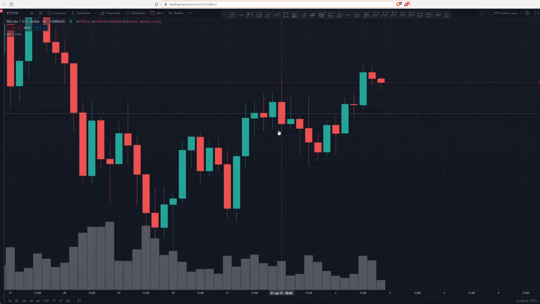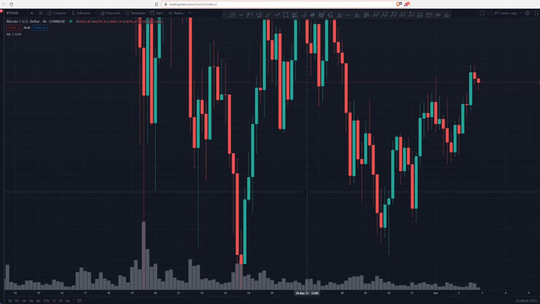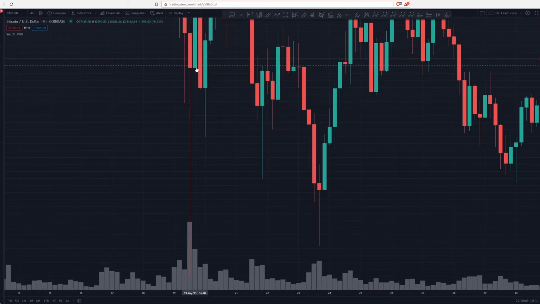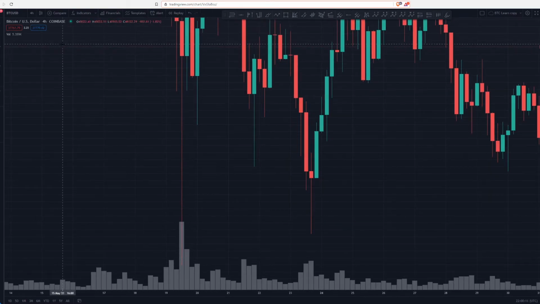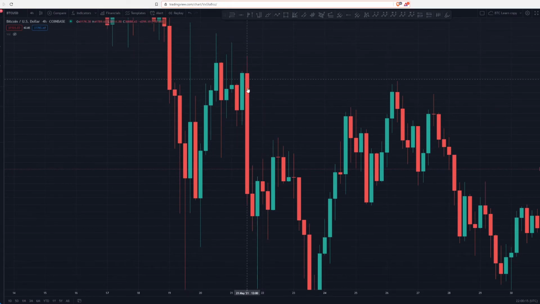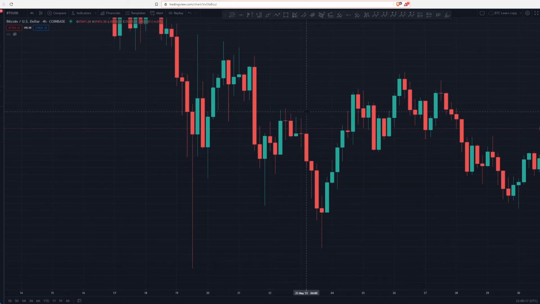If there are large wicks, that means price was not accepted, right? Price was rejected. Like this long wick right here, price came all the way down, had a long lower wick, and then price proceeded all the way back up to $42,000. So wicks in general mean rejection.